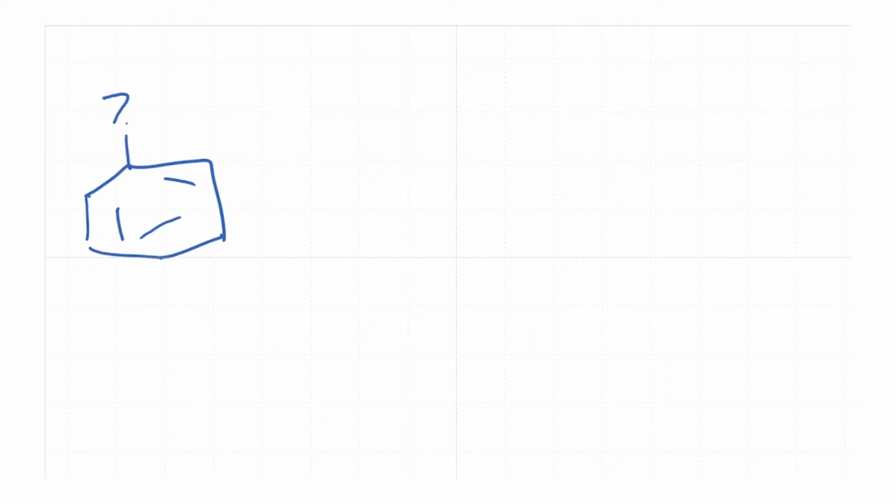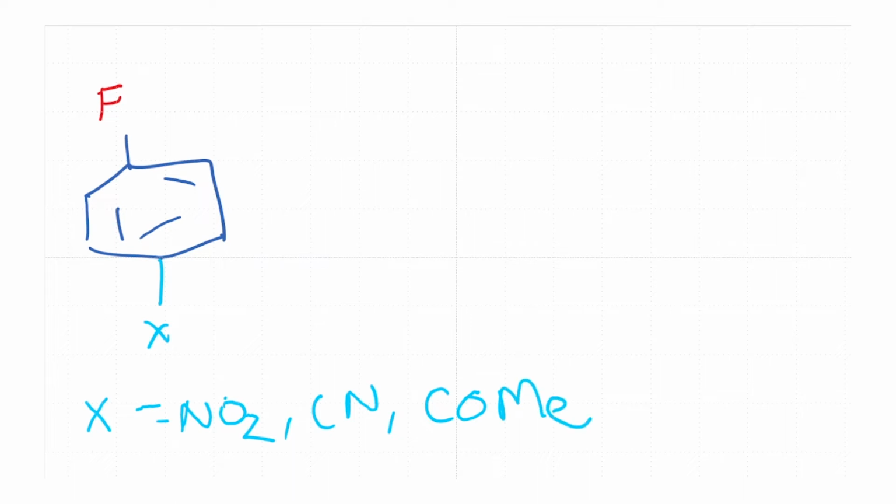So you have a substituent over here, and you want to see if you can vary it. Let's say we start with the fluoro compound and we have this substituent X, and now you vary X, let's say NO2, CN and COMe, and you measure the rate of the reaction with an amine-based nucleophile. The amine-based nucleophile that you're looking at is piperidine.